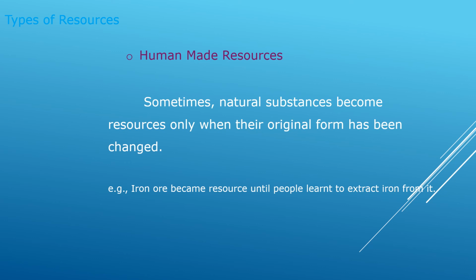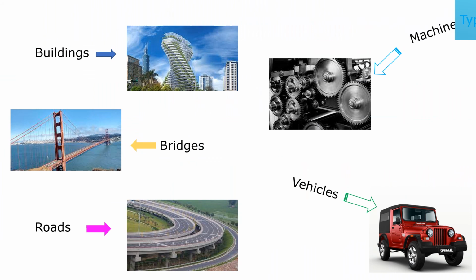Example, iron ore becomes a resource only when the people know to extract iron, clean it and use it. For the other examples of human made resources are buildings, bridges, roads, vehicles, and machinery.